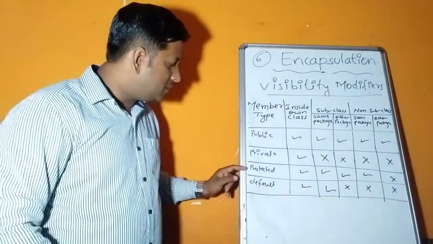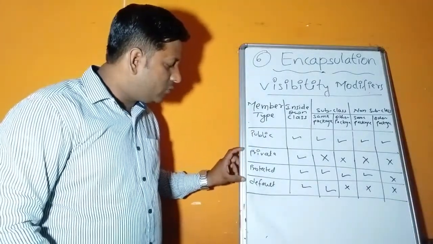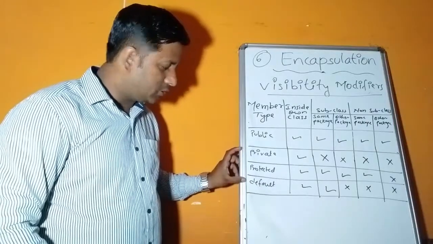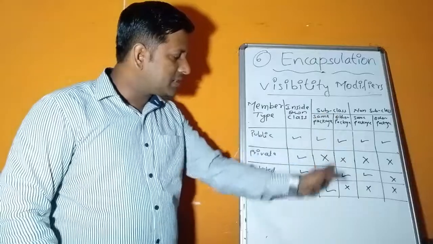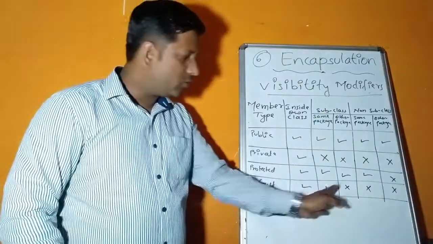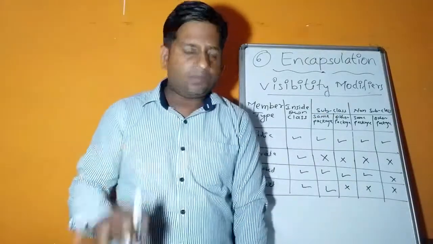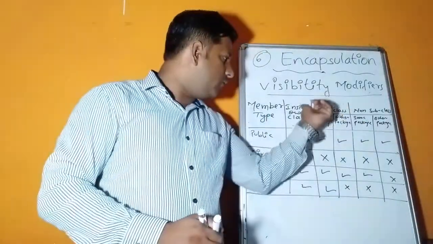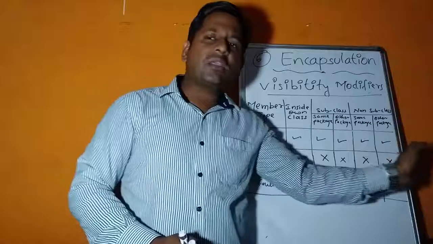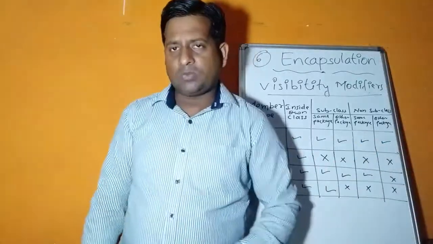Okay, and then we'll come to the part of default. Default is accessible in on class and same package of subclass. Rest all cases not accessible. Private, it is accessible only within its own class. Rest all the cases it is not accessible.